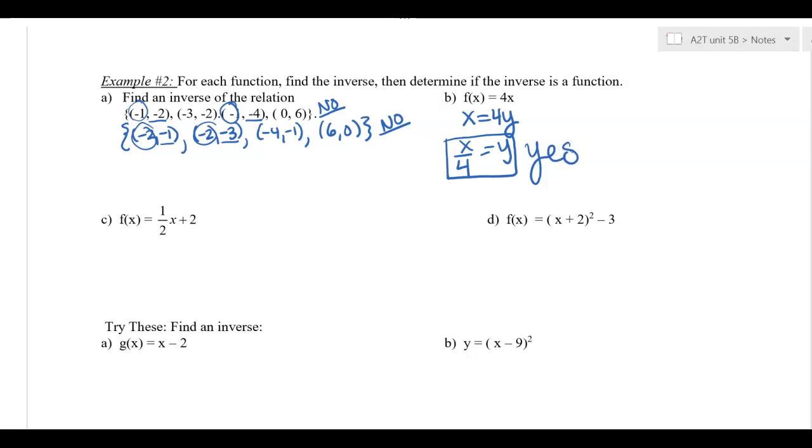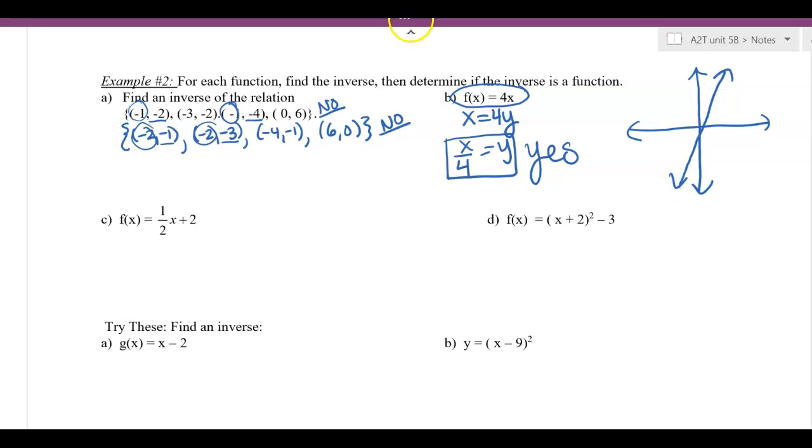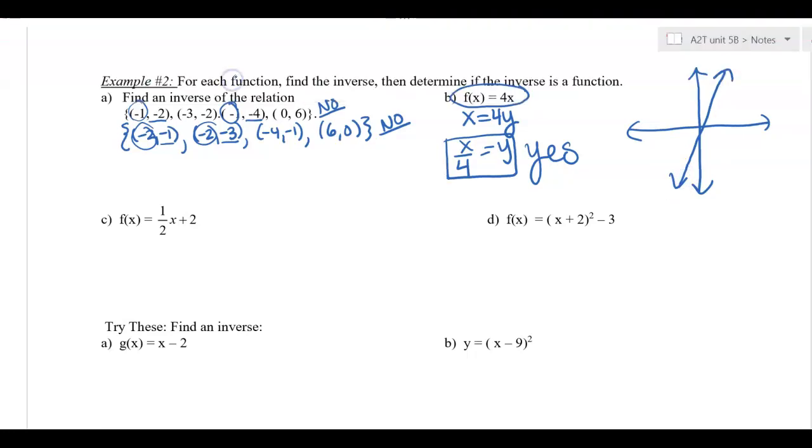Now, an idea here is that you don't really have to know if the second function is a function to determine its inverse because of the graphical method. So let me just throw this out there for you guys to see. If y is equal to 4x, it's a steep line like this. This line is a function because it passes the vertical line test.